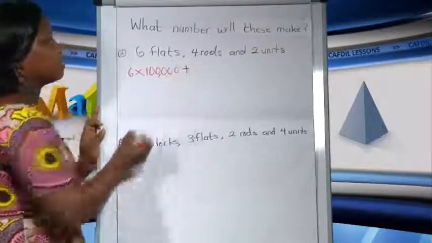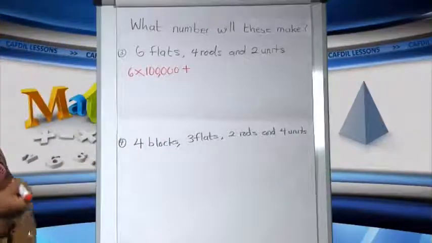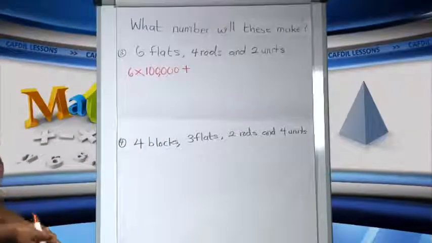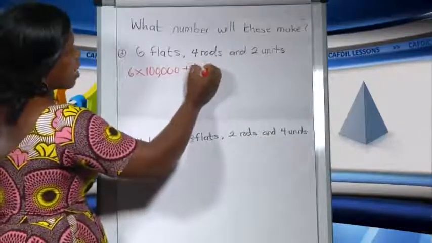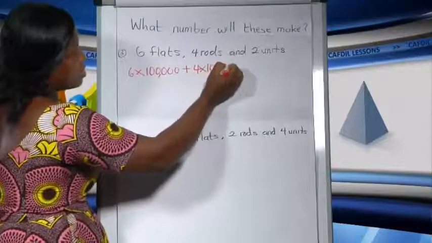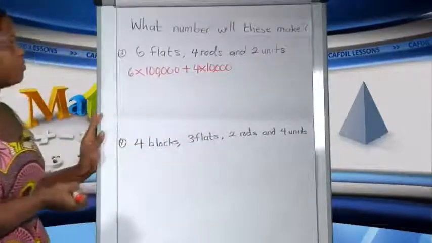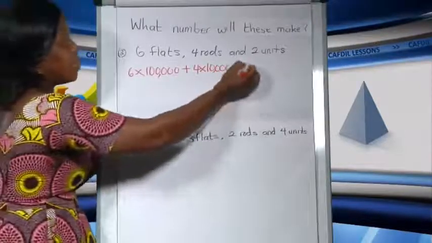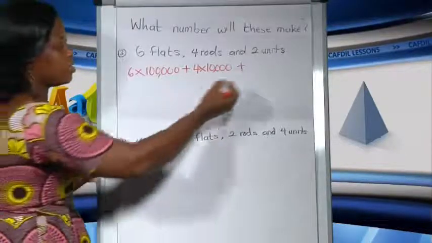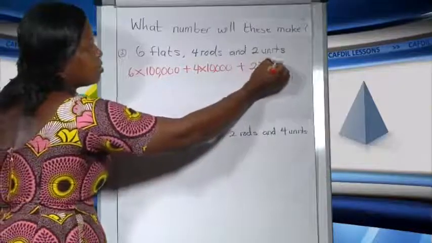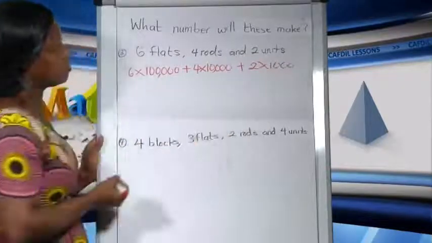Plus 4 of the rods. We know the value of the rod, which is 10,000. So 4 times 10,000 plus 2 units, and a unit is 1,000. So 2 times 1,000.